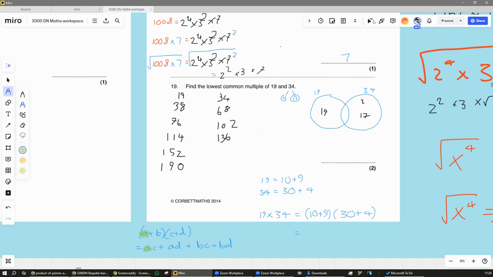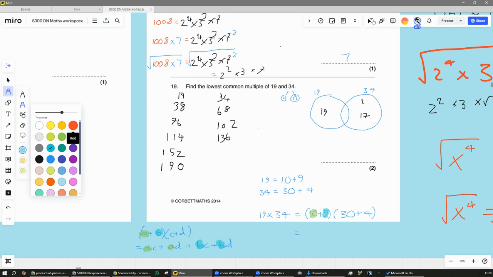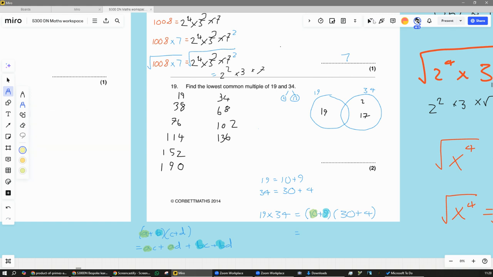I'm just going to color code the A, and there's the equivalent of my A there. And then there's the B, and there's the B here, and that would be my 30. Oh wait, no, I've done it wrong, haven't I? It's this one. Oh, yeah, that's right. Okay, and let's do a yellow.